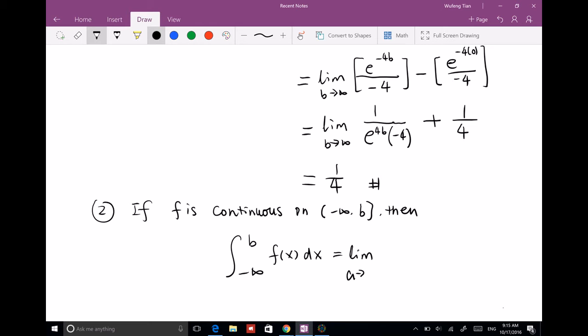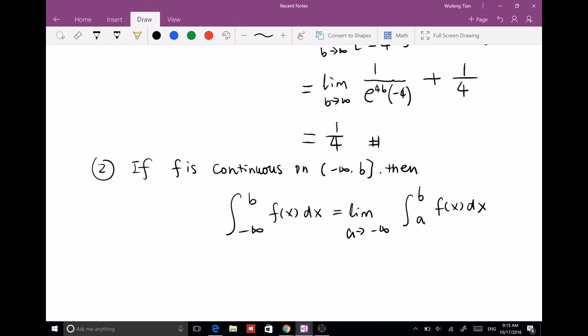A goes to negative infinity, and from a to b, f(x) dx. Okay. So you can change the boundary into a to b. A goes to negative infinity, and then you a and b you can plug into the antiderivative in the end.